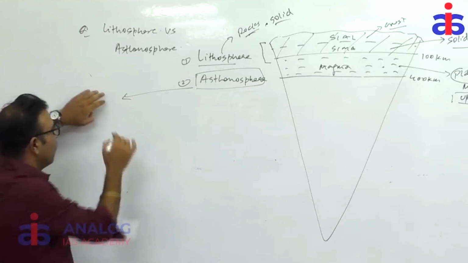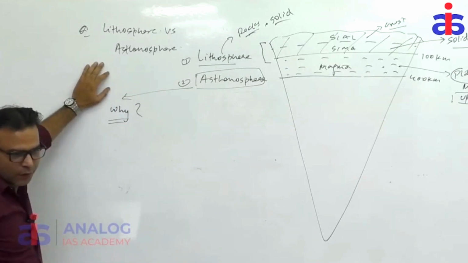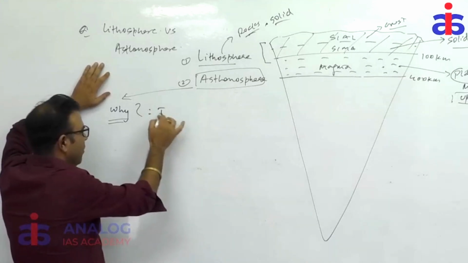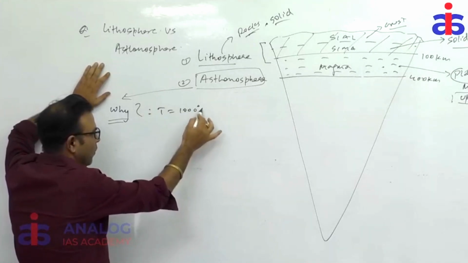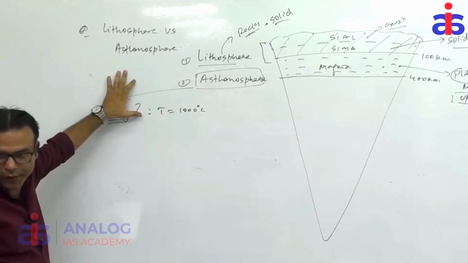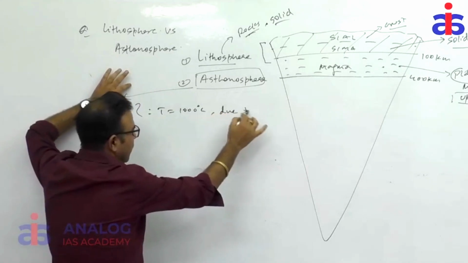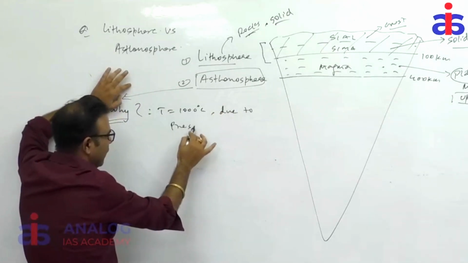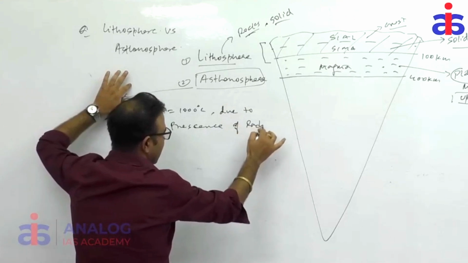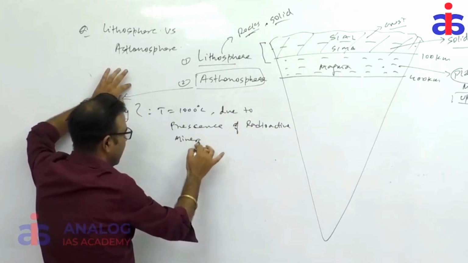Now the question is, why is asthenosphere like this? What is the cause? The reason is temperature. Temperature here is above 800, around 1000 degrees Celsius. This temperature is due to the presence of radioactive substances, radioactive minerals.